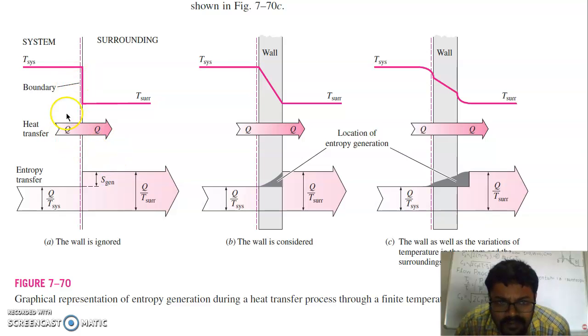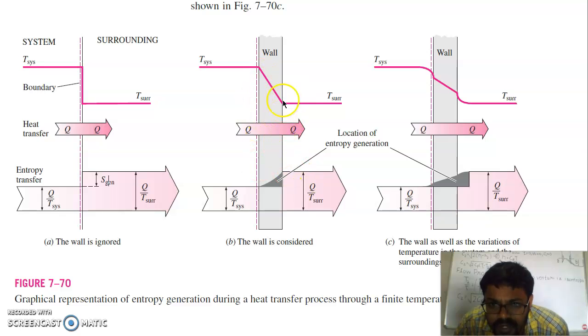In the three cases, heat transfer is the same. So in the first case the whole entropy generation is within the very thin wall, which is not so in the other cases. Next, when we have taken the wall, the whole entropy generation is within the wall. Now you very well know what temperature to take at this surface. You can take the temperature of this wall.